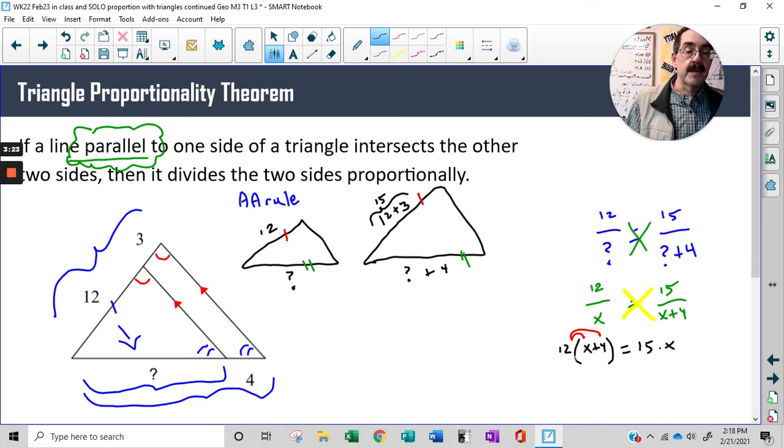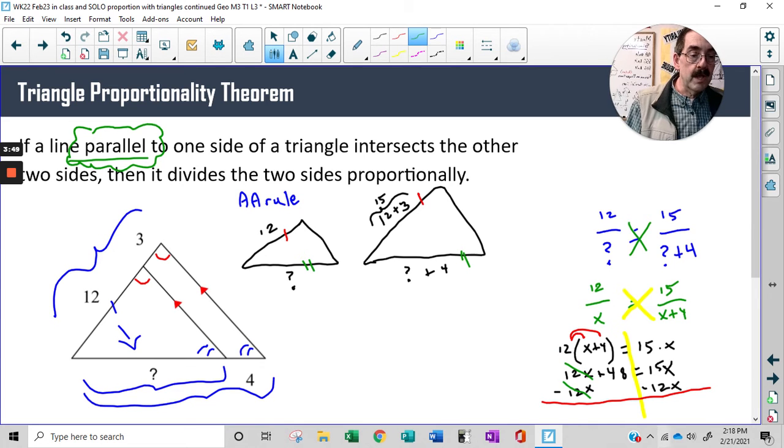So we have 12 times x is 12x. 12 times 4 is 48. 15 times x is 15x. I'm going to subtract 12x from both sides. Remember, put the little fence in here. Draw our line. And that's going to leave us with 48 equals negative 12x.